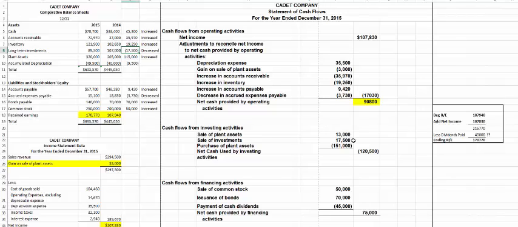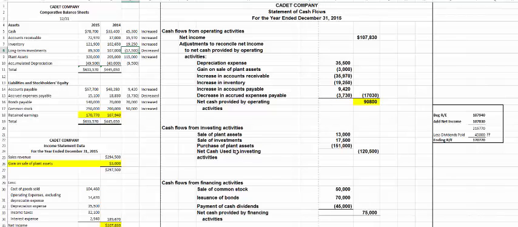And then we were told that we purchased plant assets of $151,000. The $151,000 is an outflow, so notice it's a negative amount.